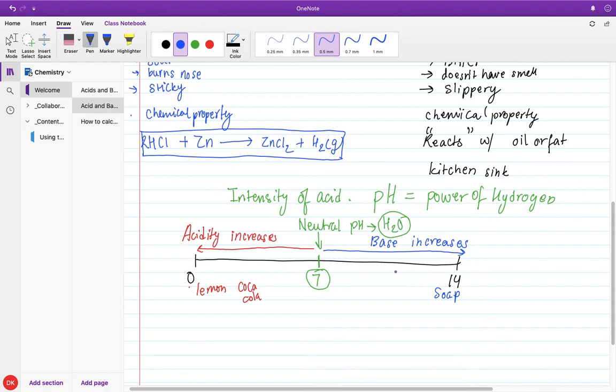Also, when you get heartburn, you tend to take Tums, which is more basic, meaning the chemical in the Tums reacts with your tummy acid, and that's how it relieves you.